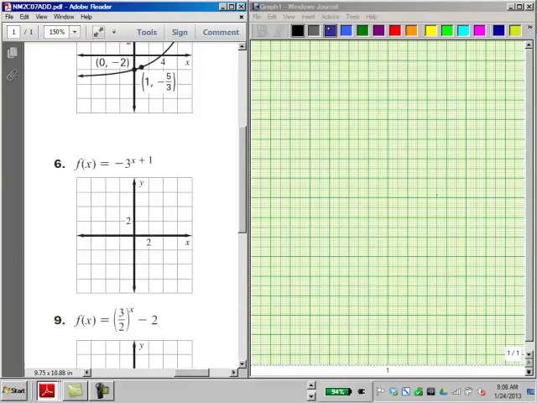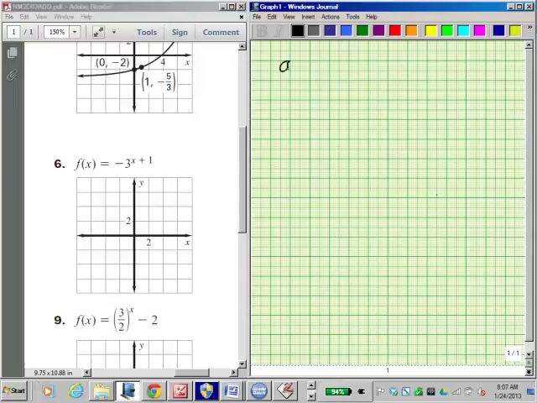I will graph -3 to the x, and then I'm going to do +1, okay? So A equals -1, B equals 3, H equals -1, and K equals 0.